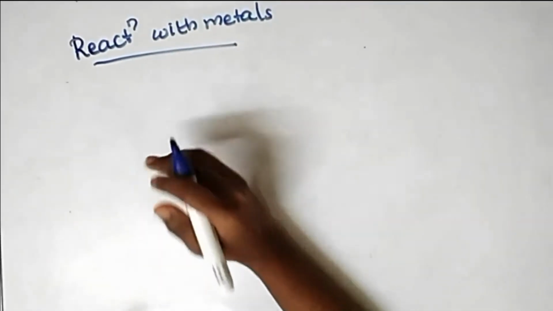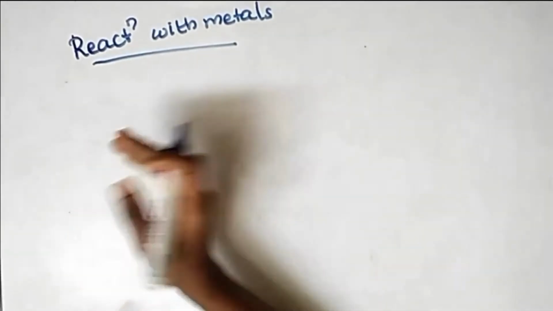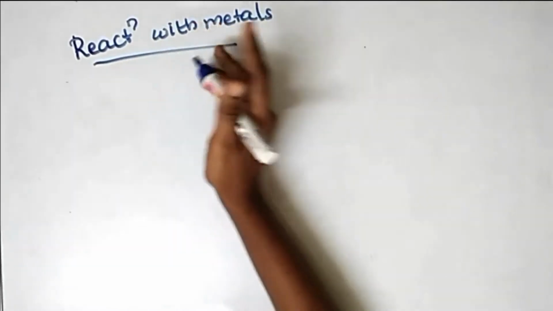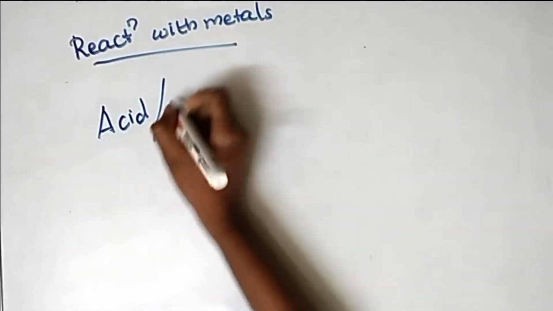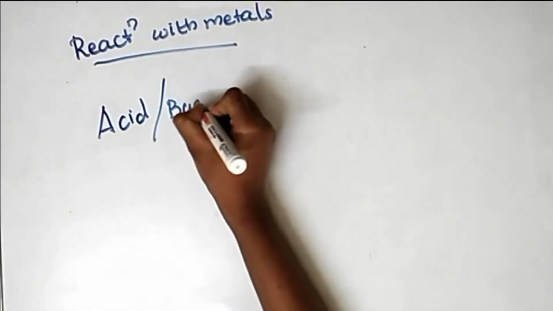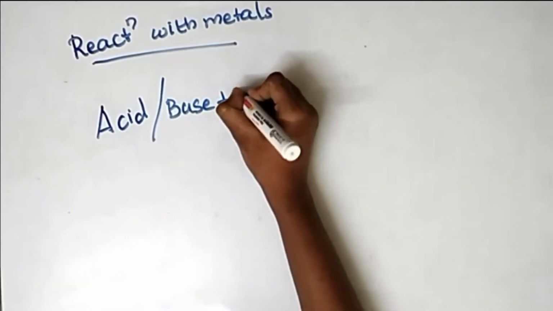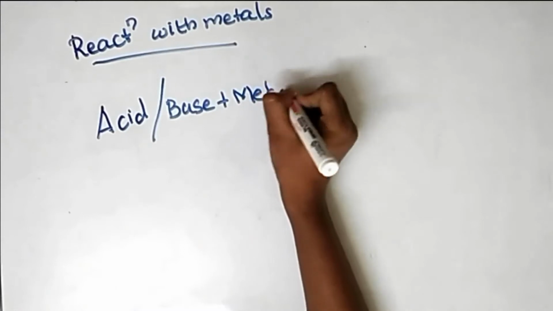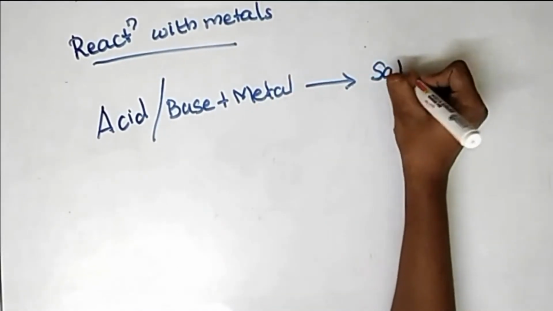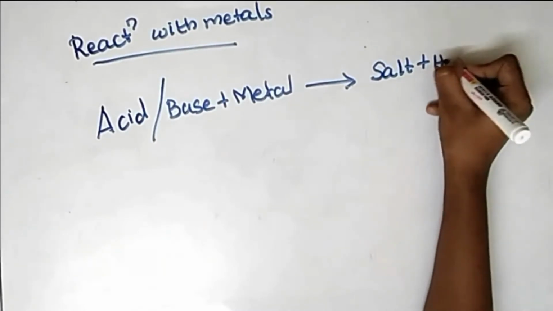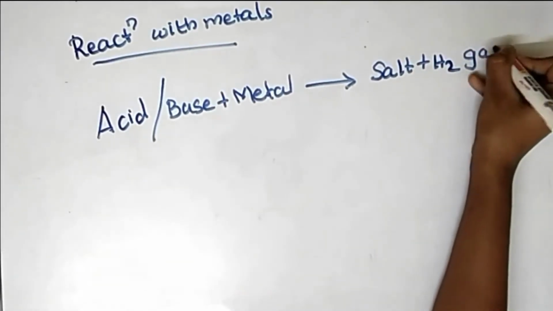Note that both acids and bases, when they react with a metal, always produce a salt plus hydrogen gas.